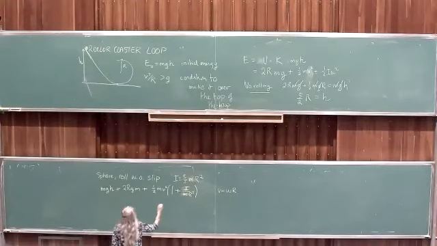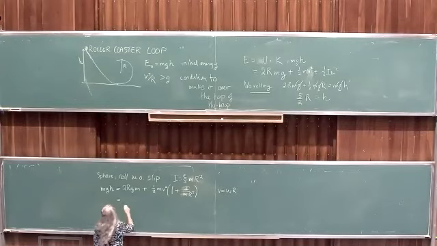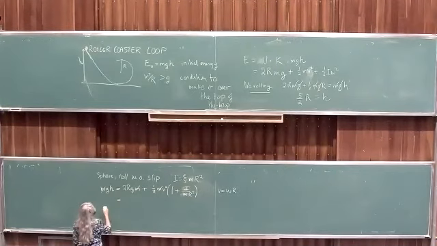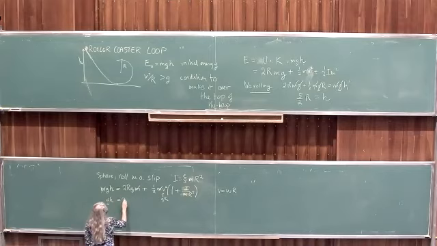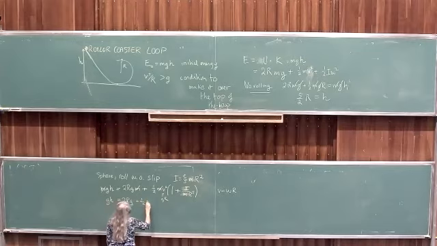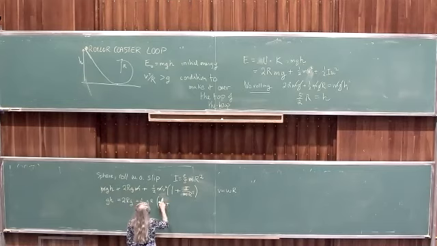And so if this is a sphere, all the m's are canceling out, so let's get rid of the m's. And to make it over the top of the loop, v squared becomes gR. So I can write gh is equal to 2Rg plus 1/2 gR times 1 plus, and if it's a sphere, that's 2/5.